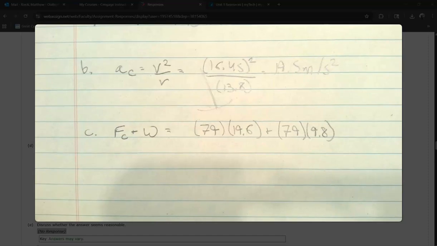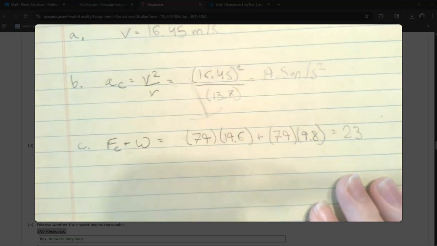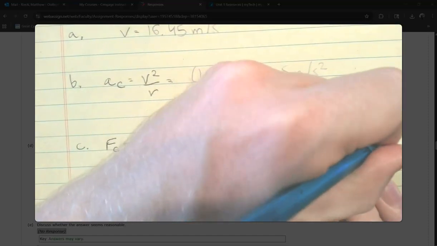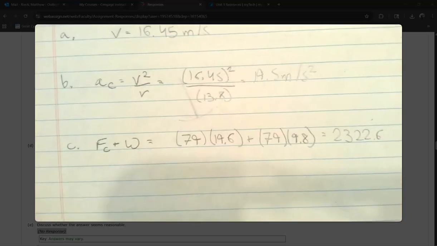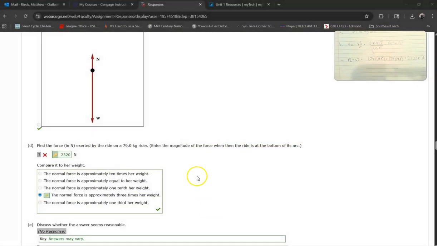So we're going to take 79 times 19.6 plus 79 times 9.8. We should end up with something around, I get 2322.6. This is in newtons. So they round it again to 2320 there. All right, and that's D actually.